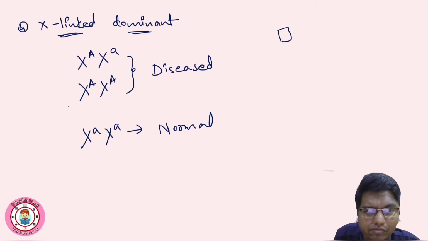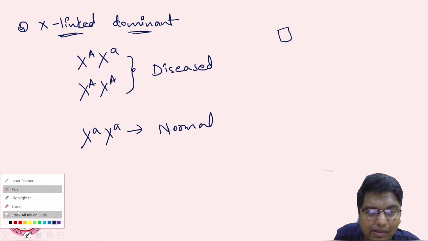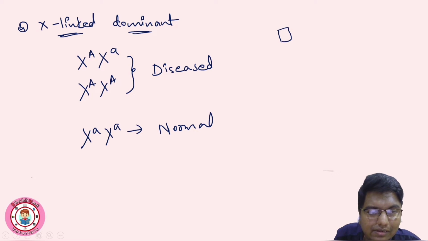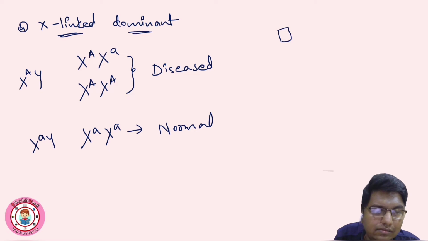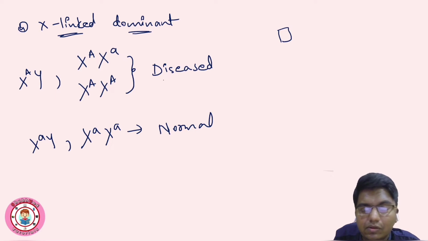This we saw about females. Alright, males, only one thing for males, nothing complicated. One X with capital A, Y, diseased, right? Here only it will come diseased. And here normal is this, normal. Got it? So now let's see.